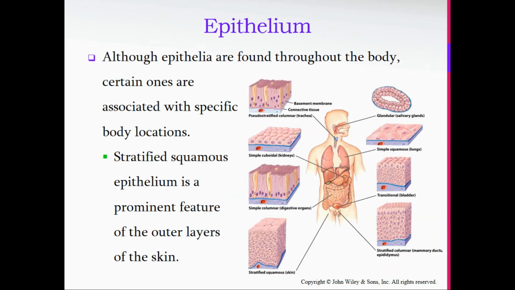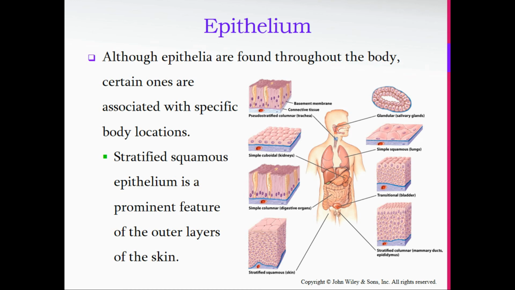Although epithelia are found throughout the body, certain ones are associated with specific body locations. So here's a little diagram showing you where these tissues can be found. Stratified squamous epithelium is a prominent feature of the outer layers of the skin.